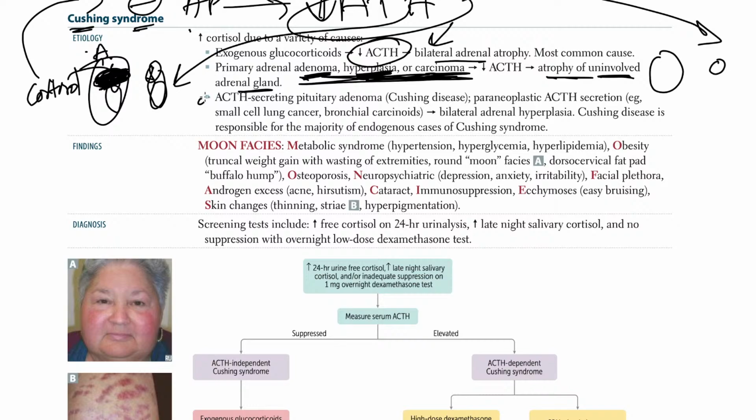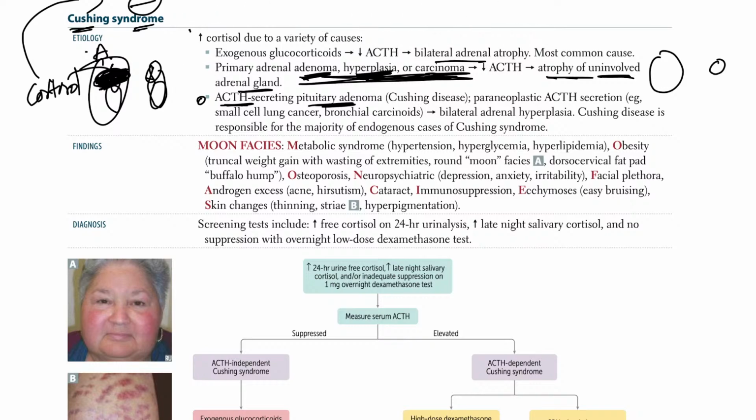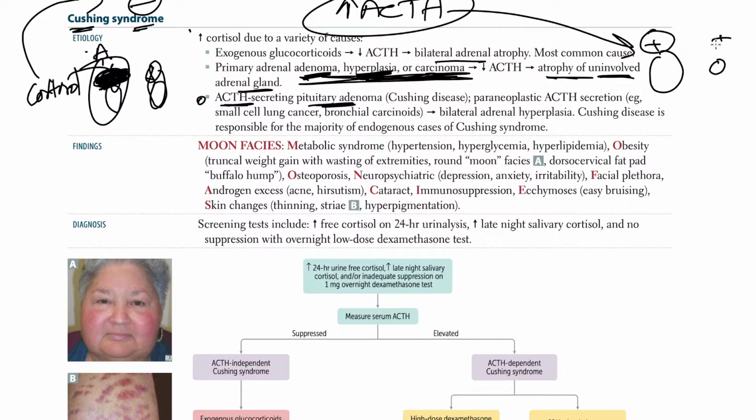Okay. The next one is ACTH secreting pituitary adenoma. You have ACTH coming from the pituitary gland. So you have a lot, let's just erase this part. You have a lot of ACTH coming from top. When you have ACTH coming from top, guess what's going to happen? It's going to stimulate the left side and the right side equally.